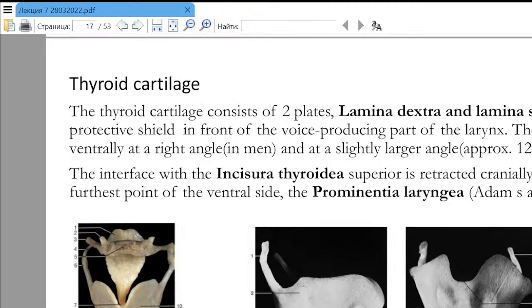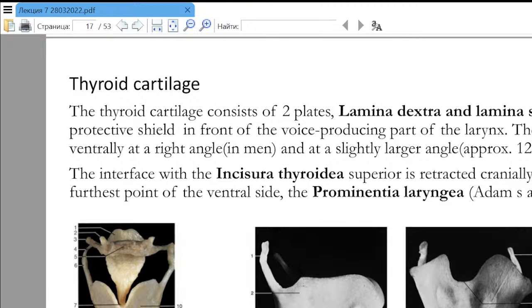They join together ventrally at a right angle, 90 degrees in men, at a slightly larger angle, 120 degrees, in women.